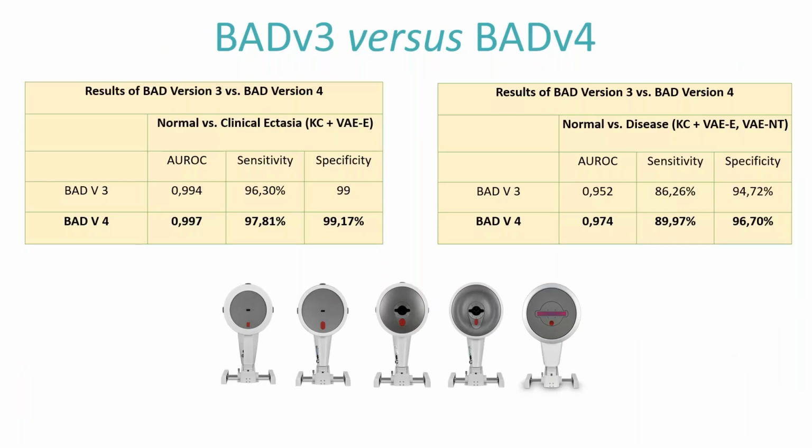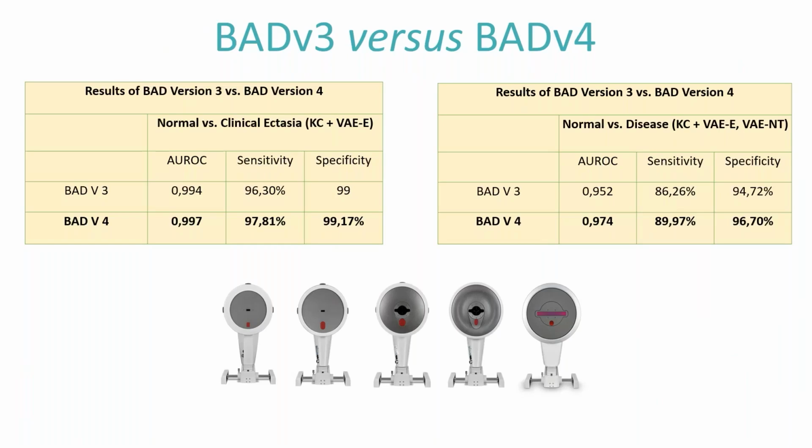But let's look at the one on the right. This is normal versus what we call very asymmetric ectasia. In other words, patients with known keratoconus in one eye, but a topographically normal other eye. Here, you'll notice version 4 does significantly better. The AUROC went from 0.952 to 0.974.